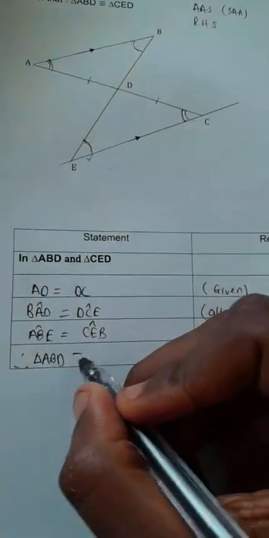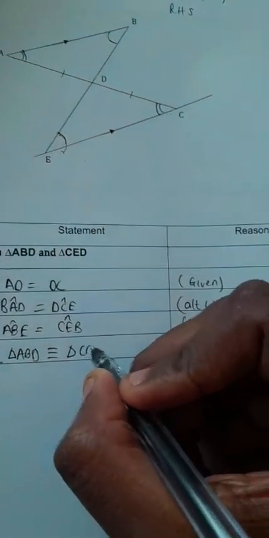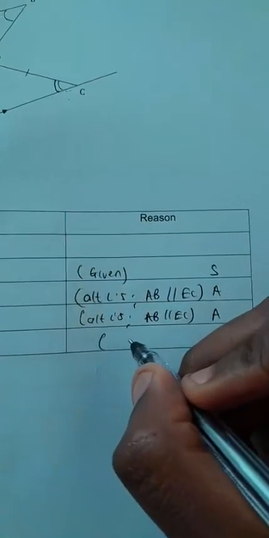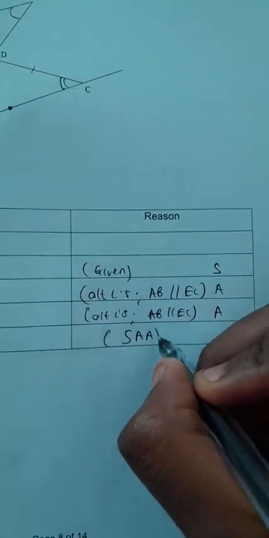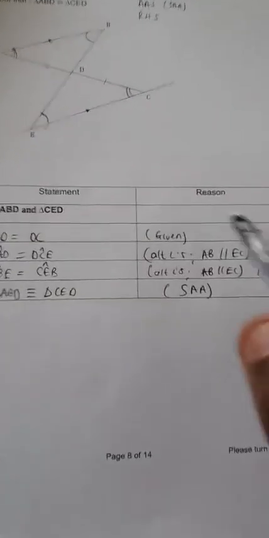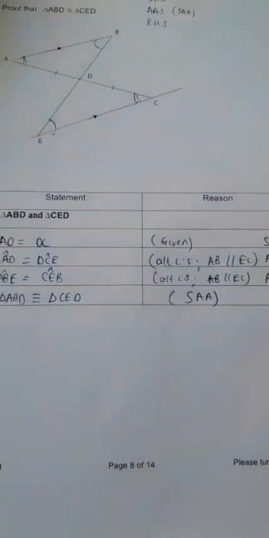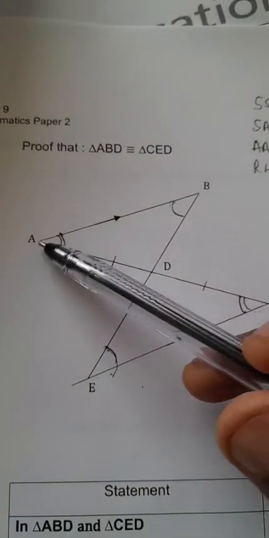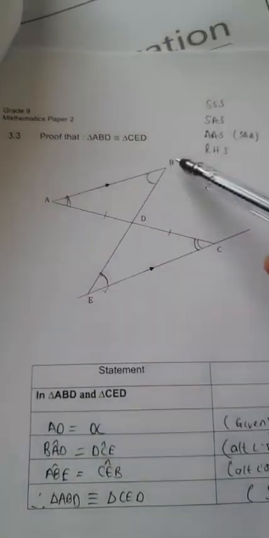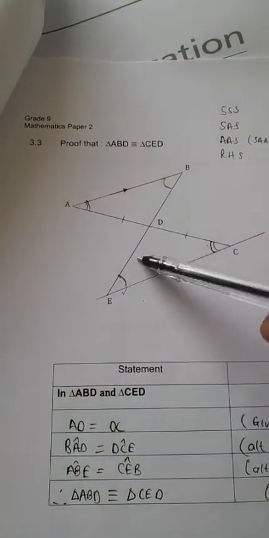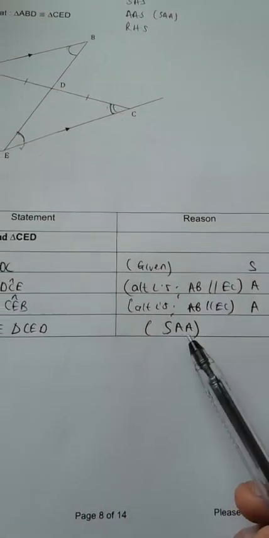Triangle ABD is congruent to triangle CED. Then you write your case in brackets, SAA. Okay, this is grade 9. So yes, people, this is how we were able to prove the congruency of triangle ABD and triangle CED using side, angle, angle.